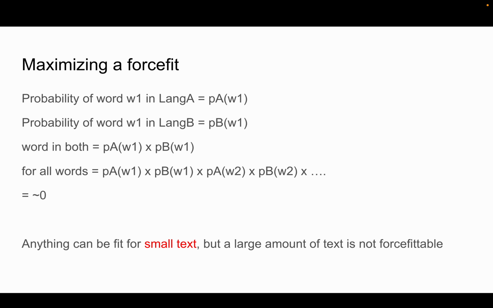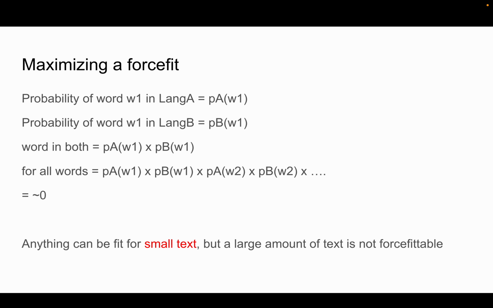The probability of a word from a set of symbols that you mapped being in one language, if it's less than 100%, it is more than zero, and the probability of the word being in another language is also similar. So the probability of any sequence being in both is the product of these, and because both of these values are less than 1, it becomes much less than 1.